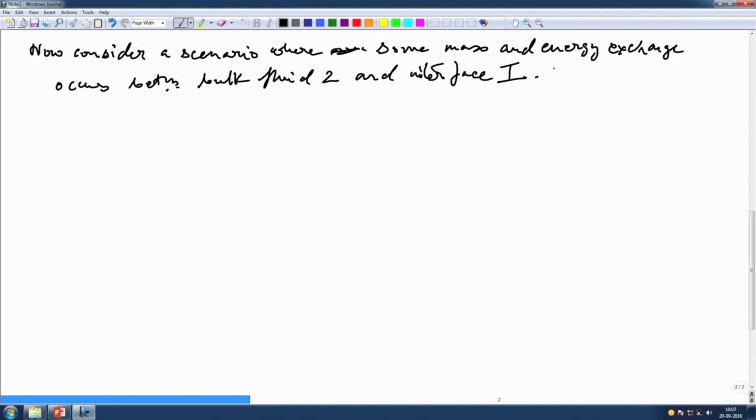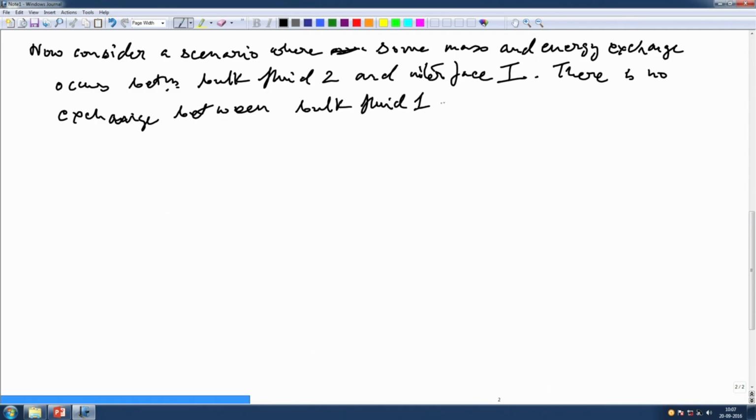However, there is no exchange between bulk fluid 1 and the interface. Okay. So, that is the typical scenario that we are considering over here. Some mass and energy exchange occurs between bulk fluid 2 and the interface I, but no exchange occurs between bulk fluid 1 and the interface I.